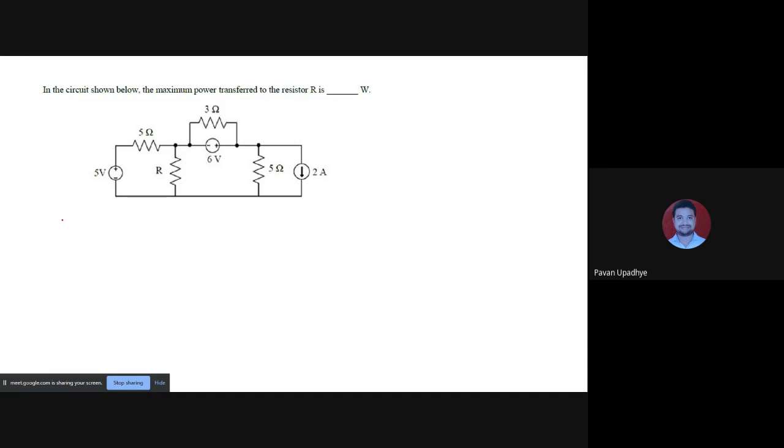Now, in the circuit shown below, find the maximum power transferred to the resistor R. This is a numerical based on the maximum power transfer theorem.